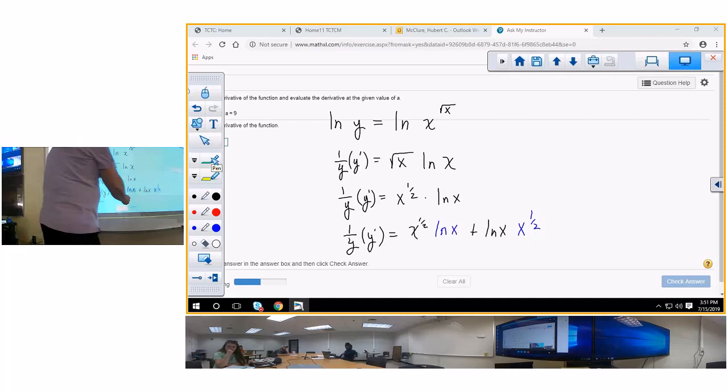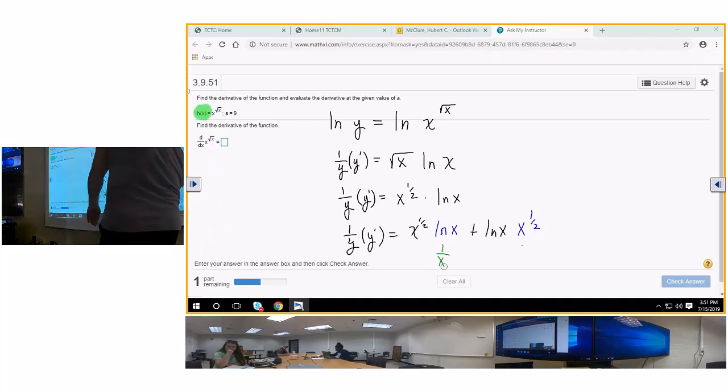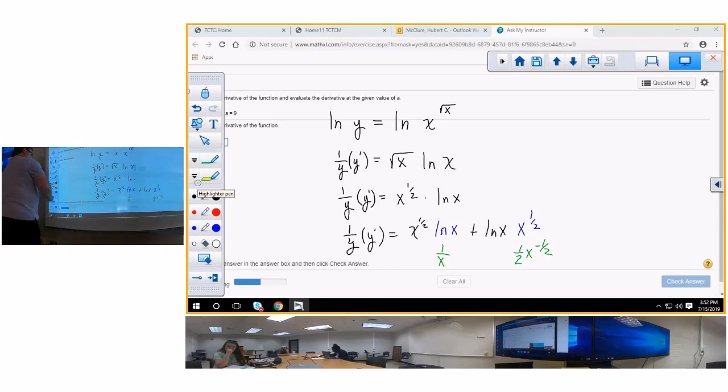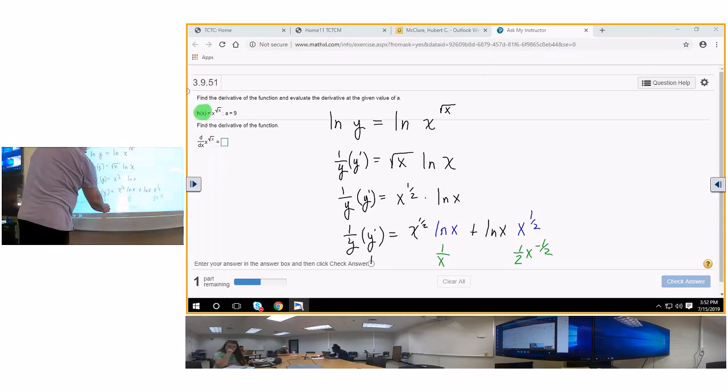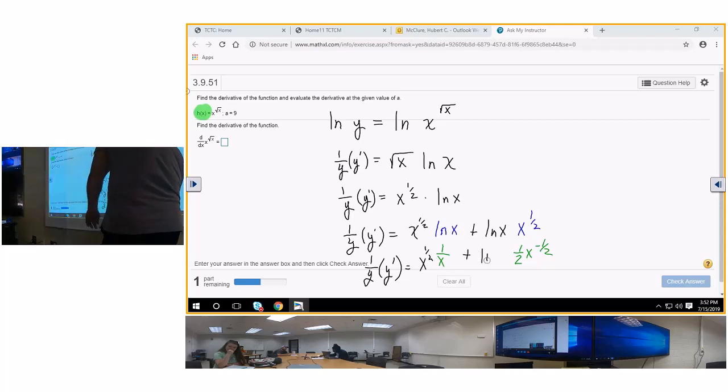And that's going to be 1 over x. And this is going to be 1/2 x to the negative 1/2. So 1 over y times y prime is equal to x to the 1/2 plus the natural log of x. Now all it is algebra.